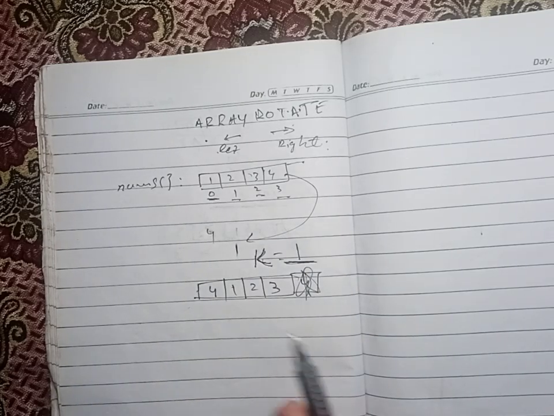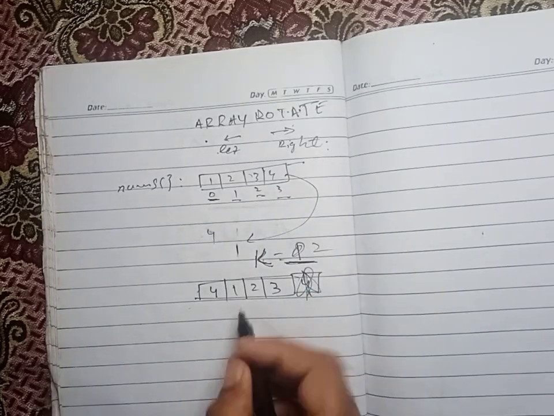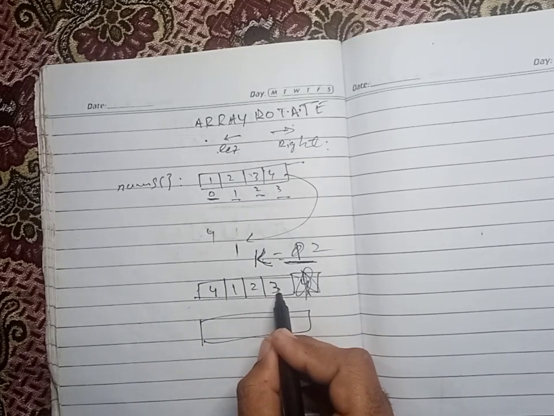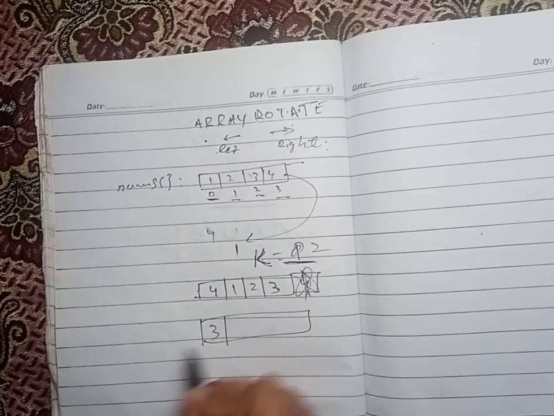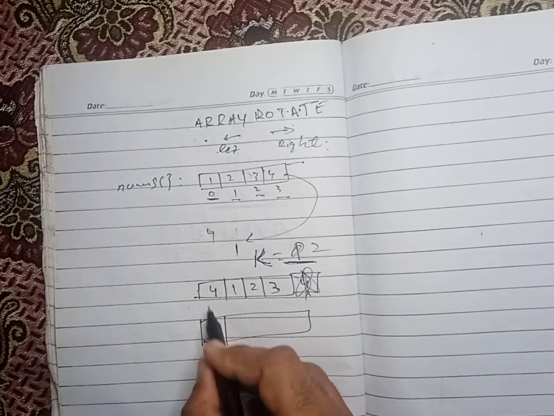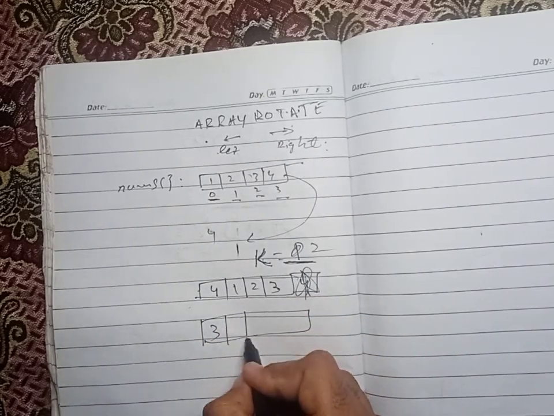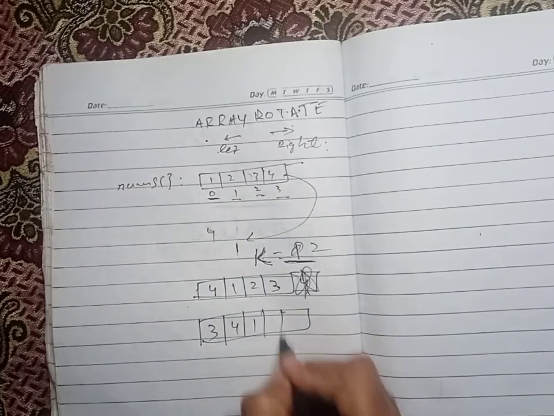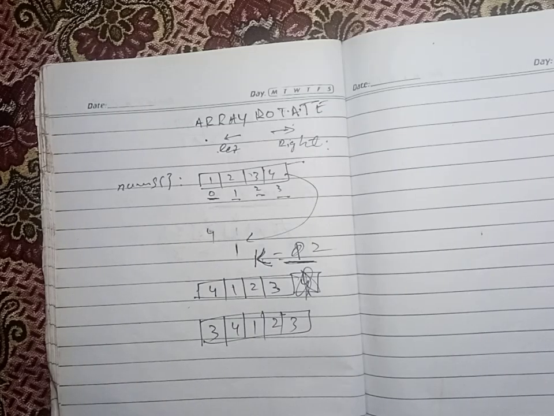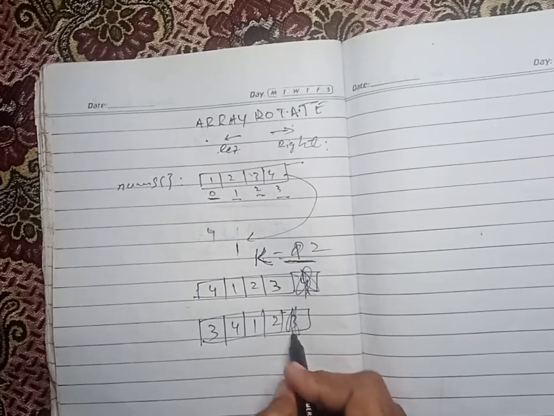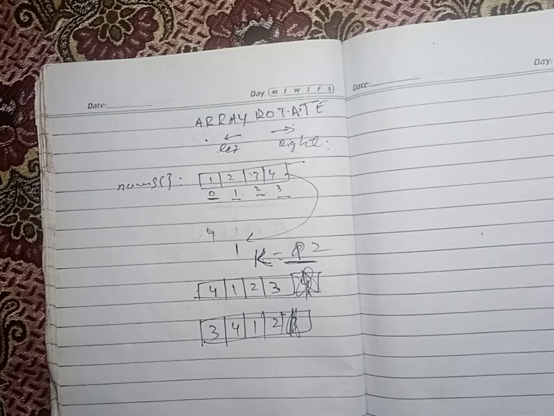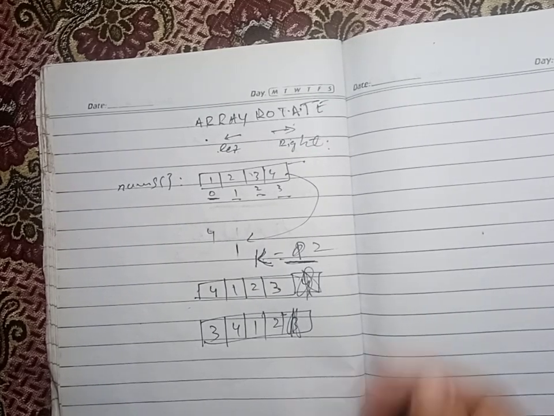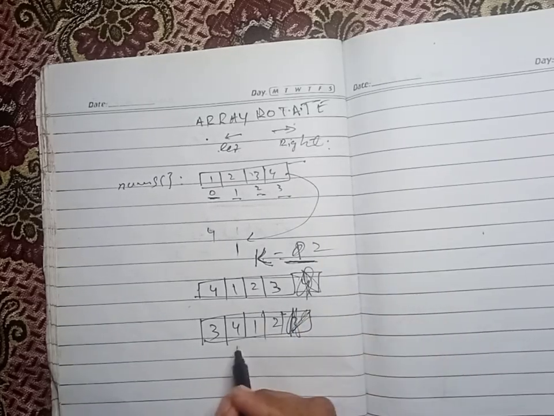If k is equal to 2, what happens to the same changed array? 3 now comes here, and 4 goes one index ahead: 3 4 1 2. Sorry, I am making mistakes repeatedly, sorry for the lack of focus.